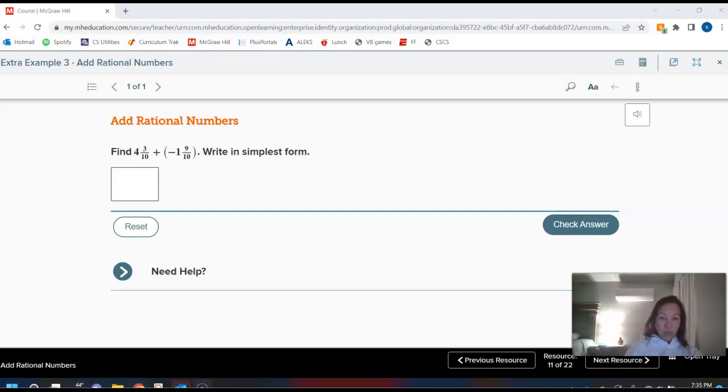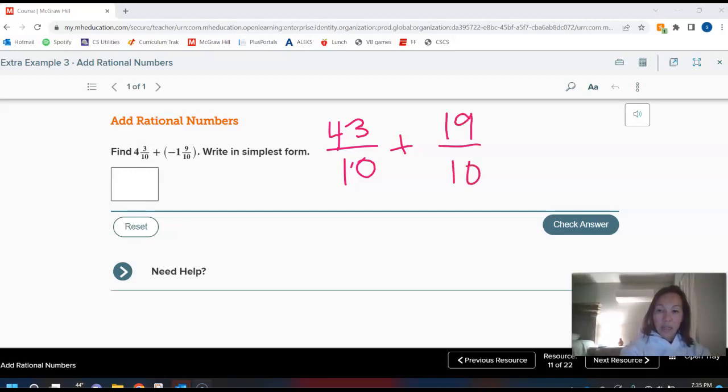So if I'm changing this first one, we'll do 10 times 4, which is 40, plus 3 is 43, over 10, so the denominator stays the same, plus 10 times 1 is 10, plus 9 is 19, over 10. But this is a negative number, so I can't forget to include that negative. So it's 43 over 10 plus negative 19 over 10.